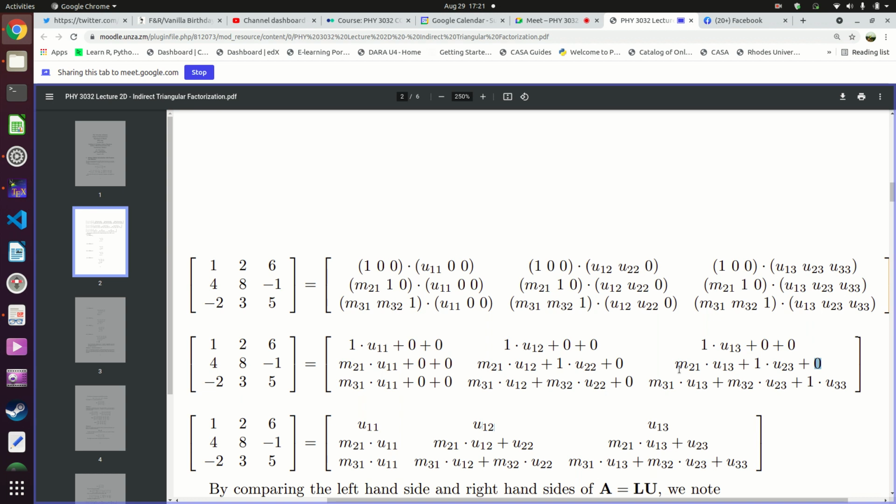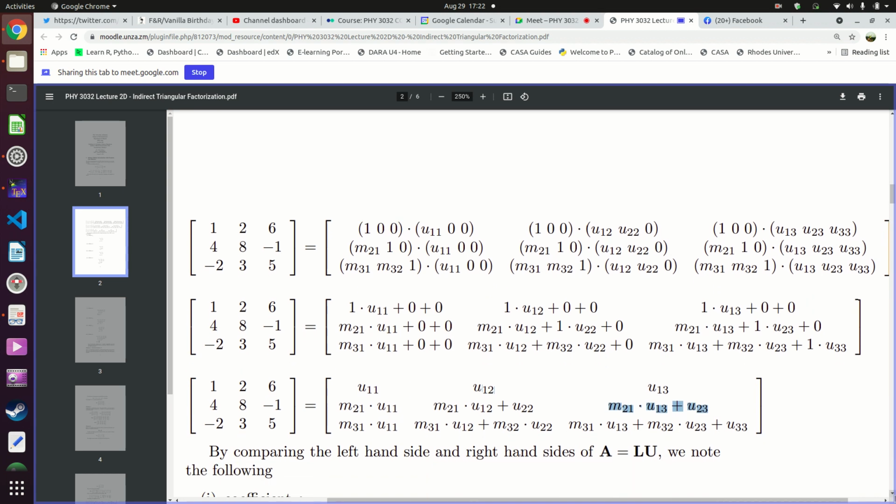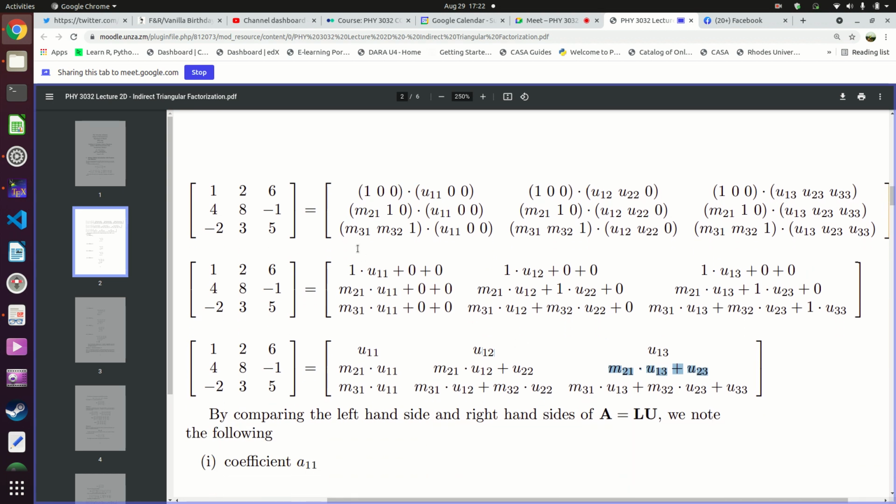So when you add all these, M21 times U13, then plus 1 times U23, you're going to end up with M21 times U13 plus U23. That's what you're going to end up with there. Is that clear? That's clear. Okay.